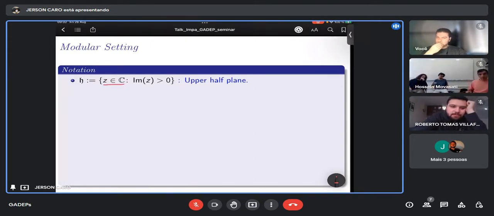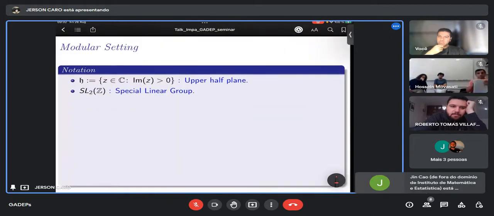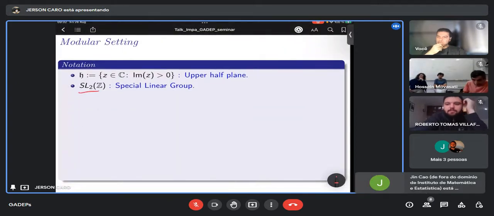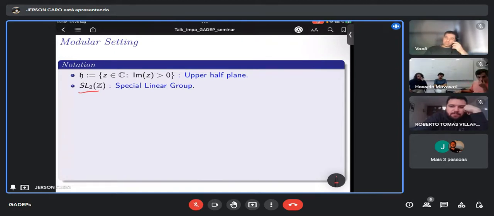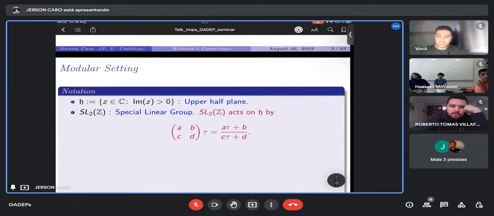This is the set of complex numbers which have positive imaginary part. Also, we define the special linear group SL2(C), the 2 by 2 matrices with entries in C and with determinant 1.